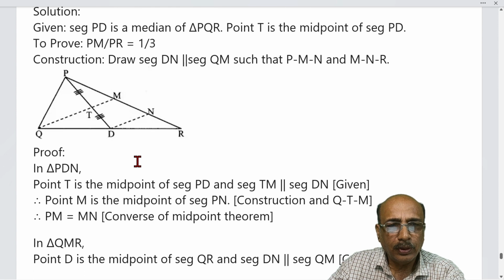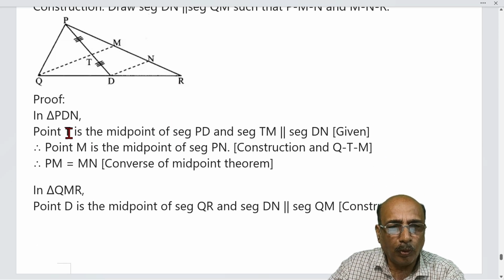Solution. Given PD is the median of triangle PQR. T is the midpoint of segment PD, given. To prove that PM to PR equals 1 is to 3. Construction: draw DN parallel to QM such that P-M-N and M-N-R. Proof.